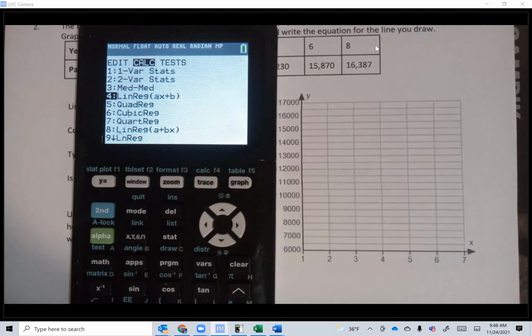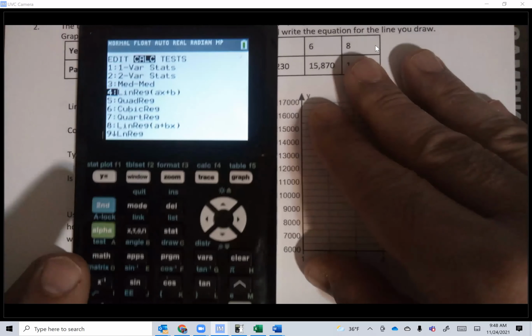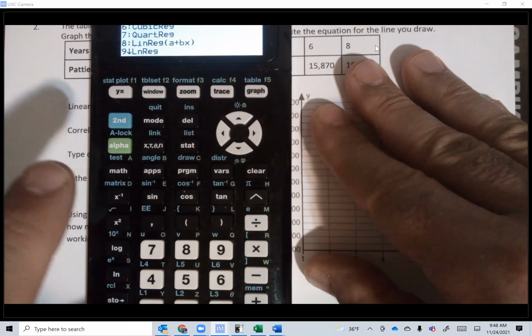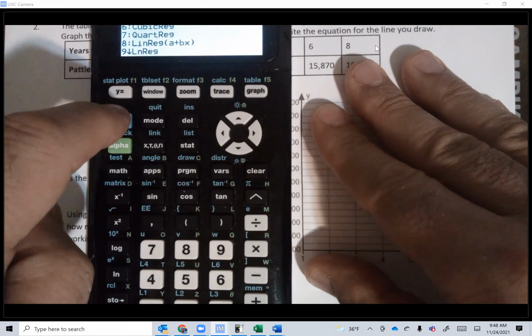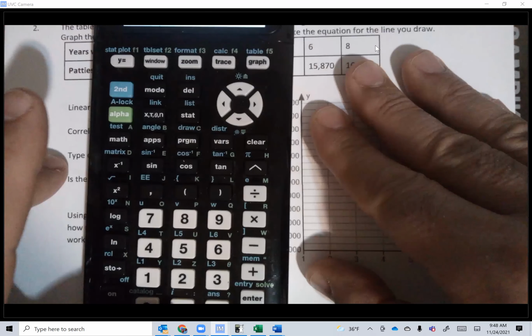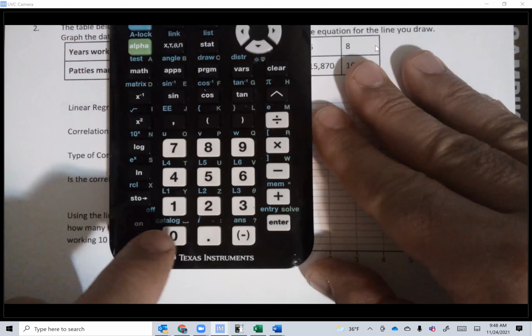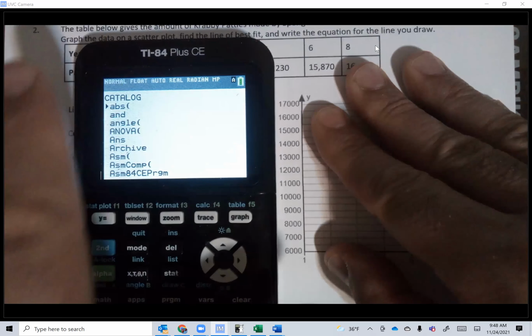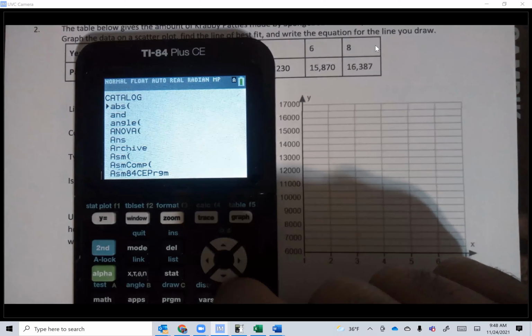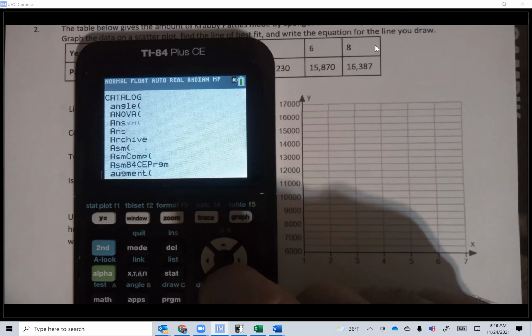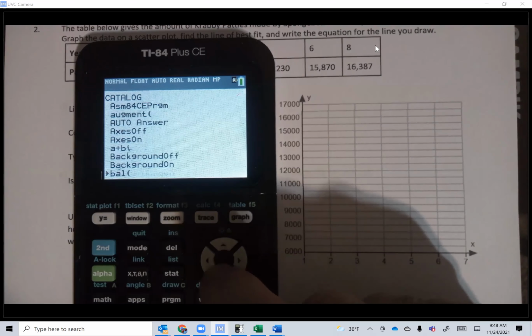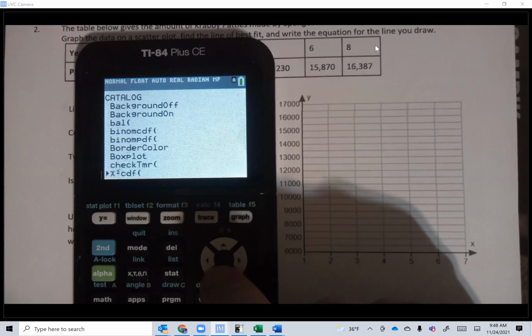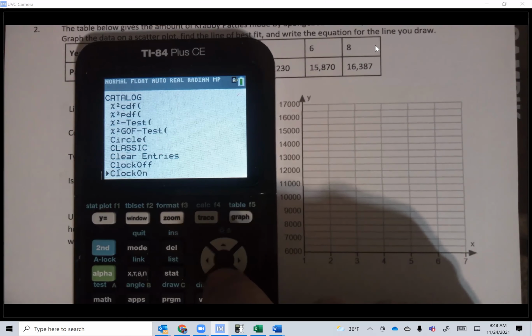If R doesn't show when you do number 4, that means your diagnostic is not on. If your diagnostic is not set to on, guys, here's how you set it to on. You just press the second key and number 0 to access the catalog. And then you scroll down until you see diagnostic on and press enter. Let me show you. You must do that, otherwise it will not show the value of R. There you go.